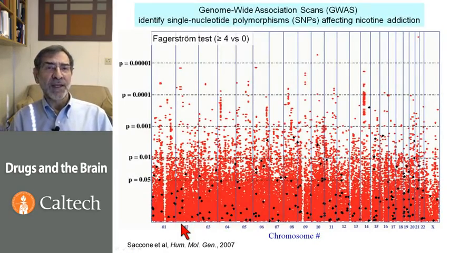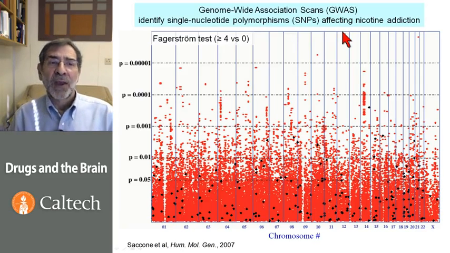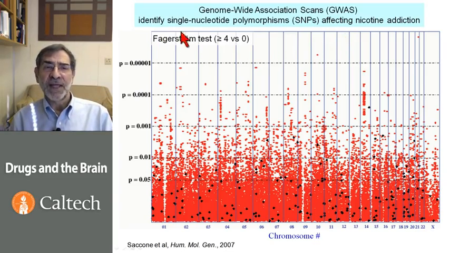So with that idea in mind, people have done genome-wide association scans, GWAS they're called, to identify single nucleotide polymorphisms that affect nicotine addiction. The definition of nicotine addiction is, of course, the Fagerstrom test, a score of at least 4 versus 0.